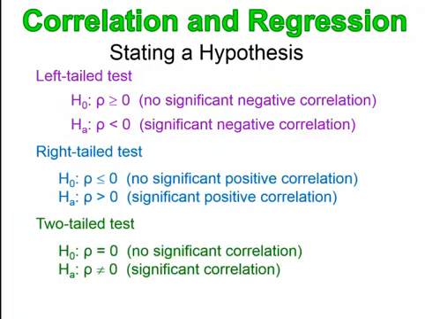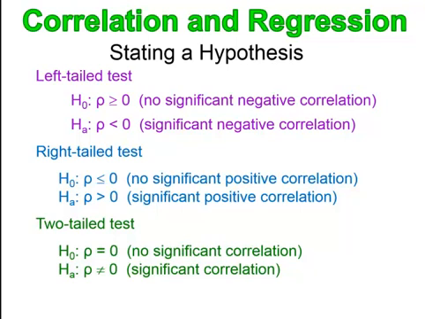When we're stating the hypotheses, it's always based on the alternative. When you have rho less than 0, that is significant negative correlation. When you have rho greater than 0, it's a significant positive correlation. And when you have rho not equal to 0, it's significant correlation.